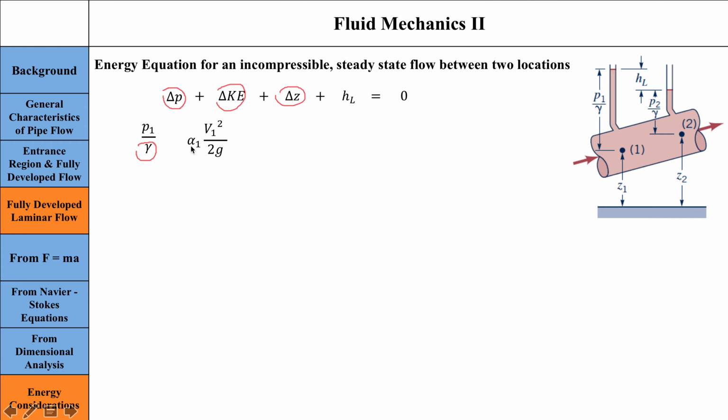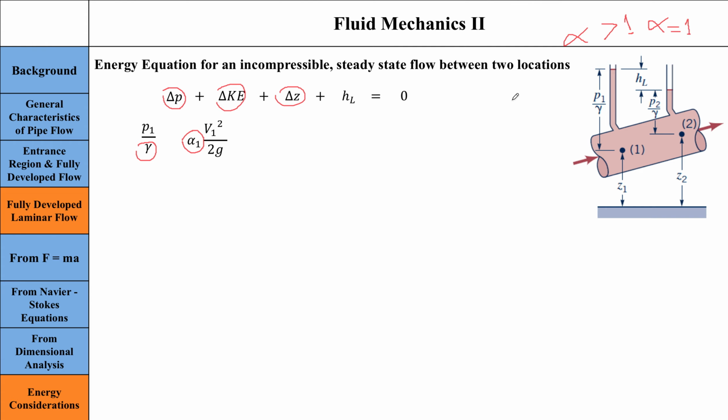And along with this kinetic energy, we also have alpha here. Alpha represents the kinetic energy coefficient, and that is used to basically account for a non-uniform velocity profile. Alpha is greater than 1 for all non-uniform velocity profiles, and for a uniform velocity profile, the value of alpha is equal to 1.